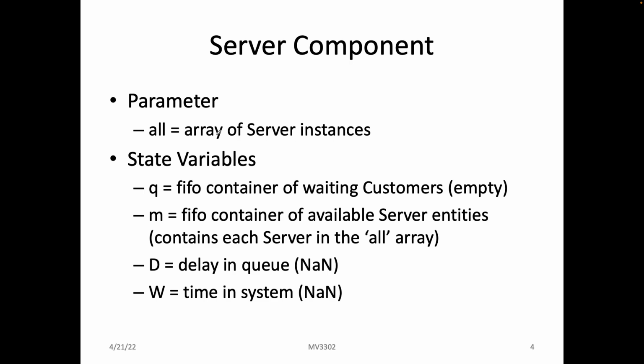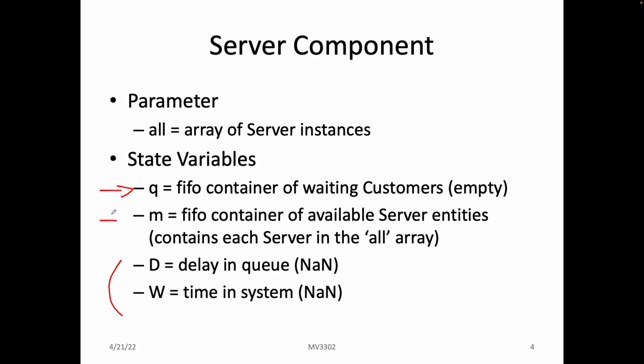And this could be an array, or it could be a container. I chose an array, just, again, understand that a lot of these are choices. They're not laws of nature. So for state variables, we've seen our delay in queue and the time in the system, so a model like this can handle that. We've seen a FIFO container of waiting customers, and it's initially going to be empty.